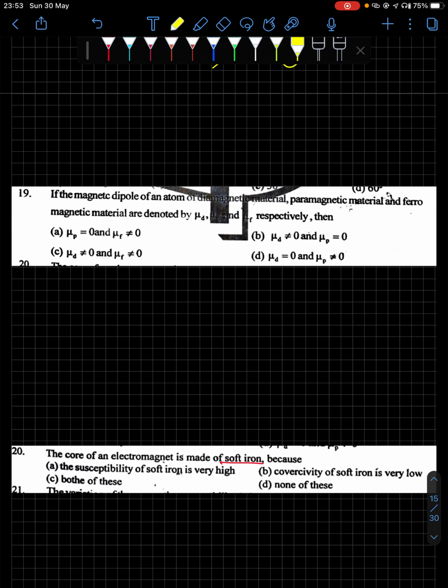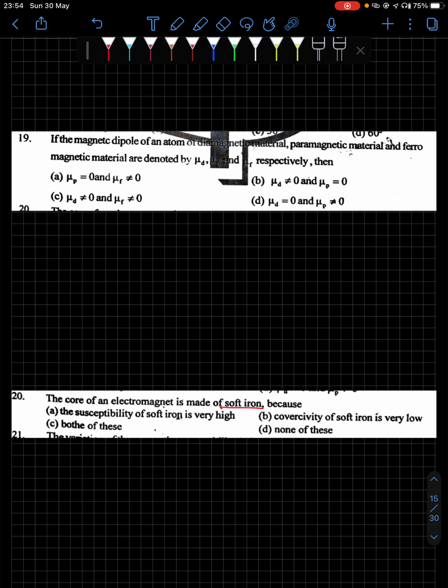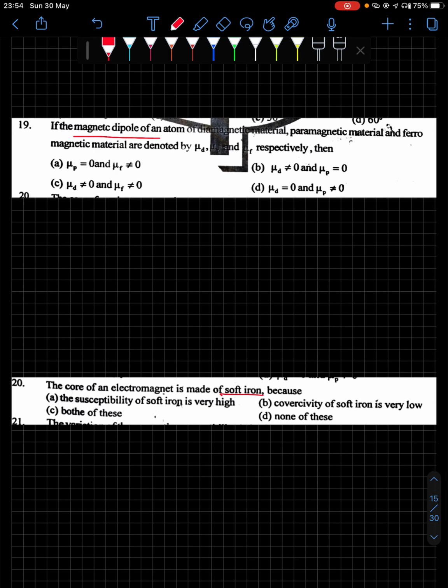Number 19. If the magnetic dipole of an atom of diamagnetic material, paramagnetic material and ferromagnetic material are denoted by mu d, mu p and mu f respectively, then which of the options is correct?